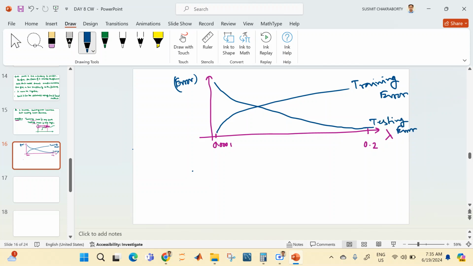See, as lambda increases, testing error decreases, but training error increases, right? As lambda decreases, training error decreases, but testing error is high. So what should be the optimum choice of lambda?